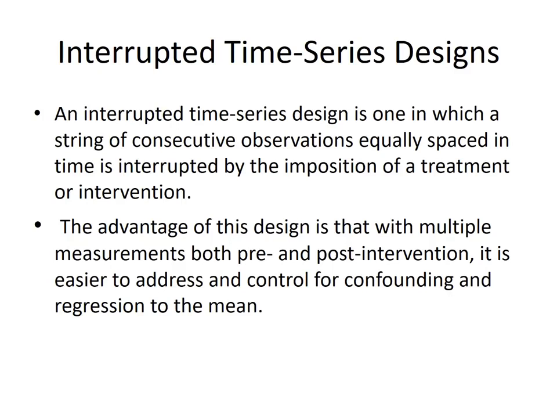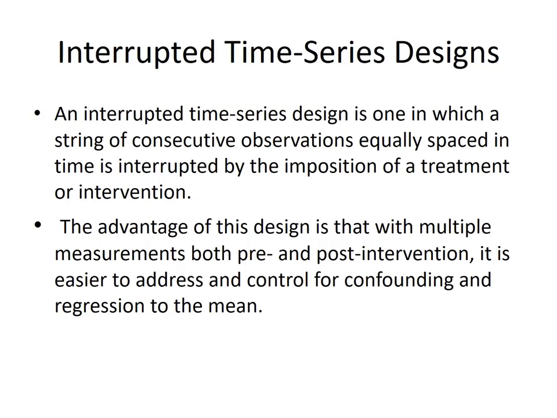The advantage of this design is that with multiple measurements, both pre and post intervention, it's easier to address and control for confounding and regression to the mean. Also, this design can be further strengthened by incorporating many of the designs featured previously, such as removal of the treatment, inclusion of a non-equivalent dependent variable, or addition of a control group.